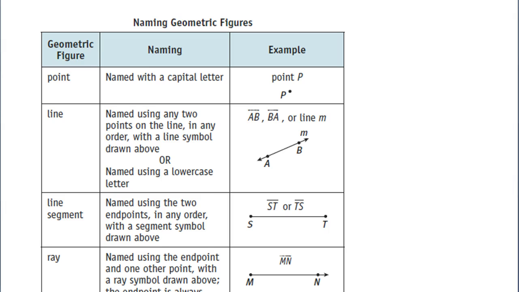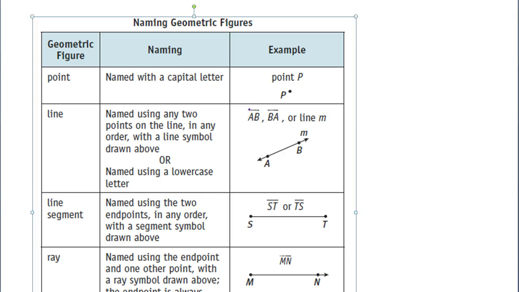This chart summarizes what we just discussed. A point is named with a capital letter. For example, point P. When drawing it, you put a dot, you put a capital letter by the dot. A line is named using any 2 points on the line, or with a line symbol drawn above, or can be named using a lowercase letter. For example, in this drawing, this picture could be called line AB.